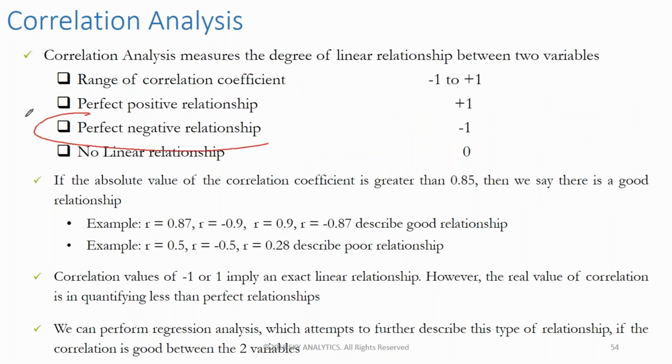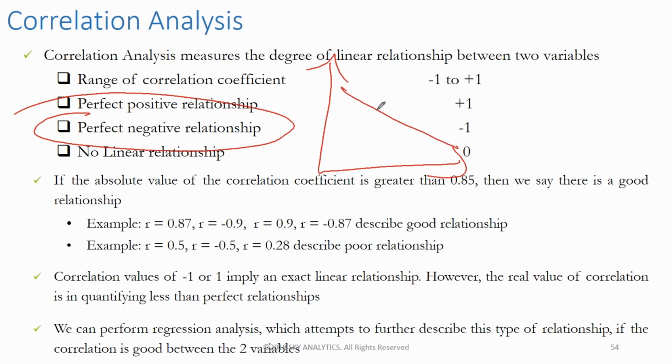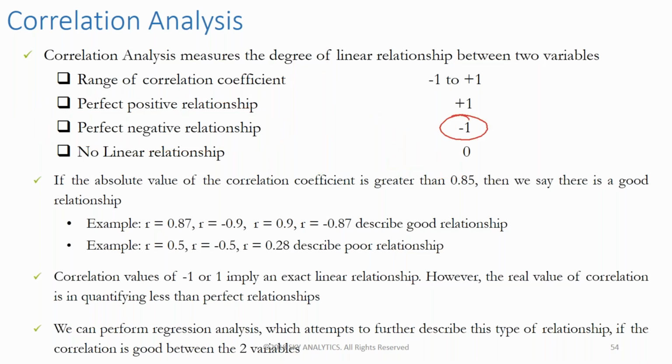Third point, perfect negative relationship: if you plot your x-axis and y-axis, and you plot a straight negative line like this, that is your -1. So the range of correlation coefficient, small r, takes values between -1 to +1.